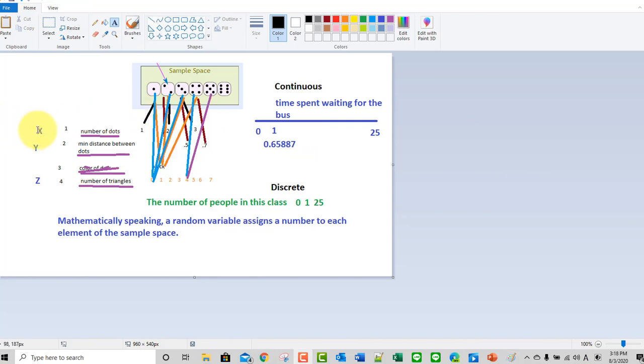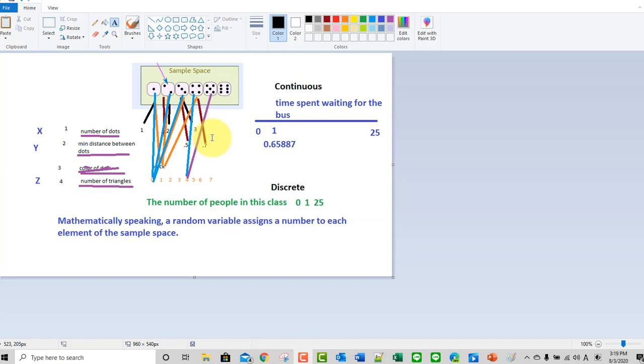Now, I gave you 3 examples, X, Y, and Z. So this one is going to be discrete because we can have 1, 2, 3, 4, 5, 6, and that's all. So there's nothing in between. And this one, the minimum distance, could be called continuous, except since we only have 6 faces, there is going to be what we call a smallest distance between the two.